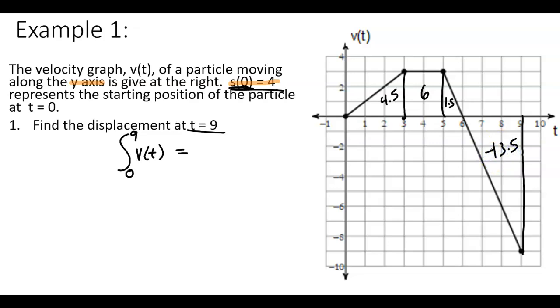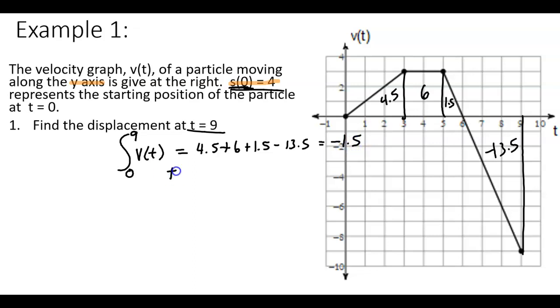All right, so the integral of our function from 0 to 9 is basically just all these areas added together. All right, so what would that be? Negative 1.5.